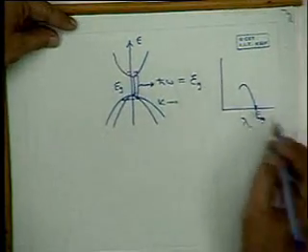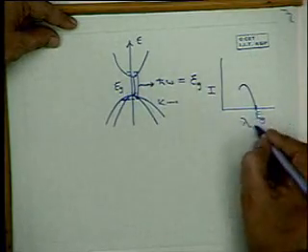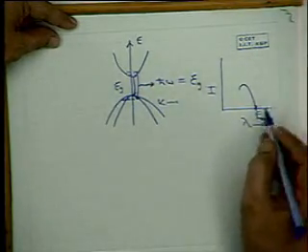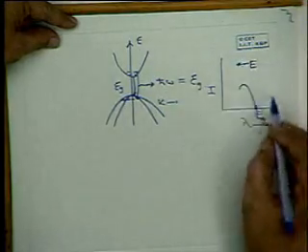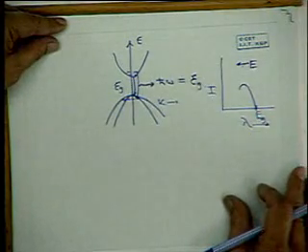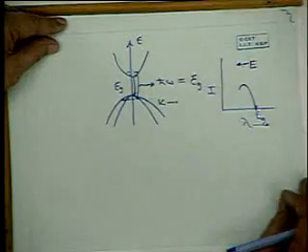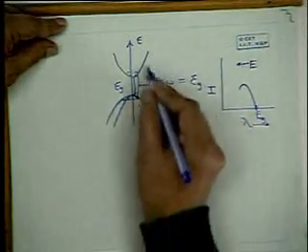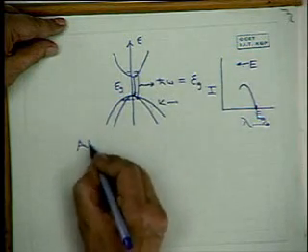This is intensity, and this is lambda going that way. Okay, so energy is increasing this way. And we know this is obtained at moderate doping concentrations.